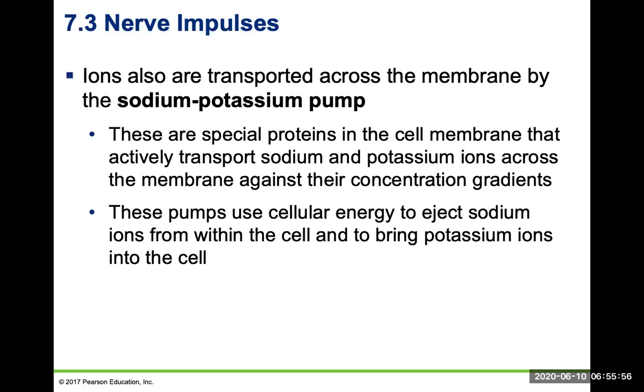These ions are also transported across the membrane by the sodium-potassium pump, and this pump uses cellular energy, or ATP, to eject sodium ions from within the cell and bring potassium ions back into the cell.